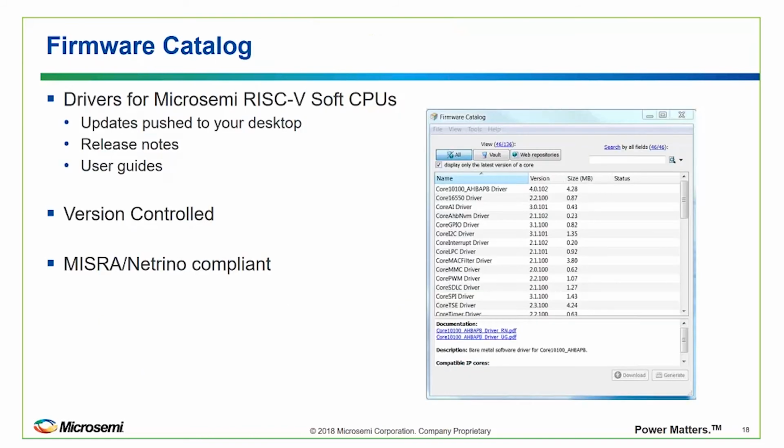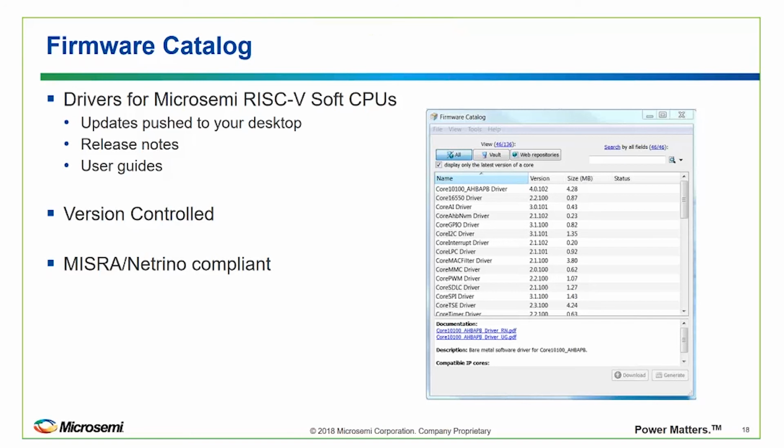So here is a look at the Microsemi firmware catalog. The firmware catalog is available for download from our website for free. There's no license involved. And this is where you can go to create drivers for the different peripherals and create your RISC-V HAL that you would use to bring into your project. And I'll show you exactly how we'll do that in a little bit. We release new cores. We push them out to you via the web.